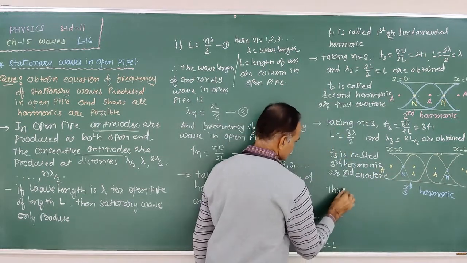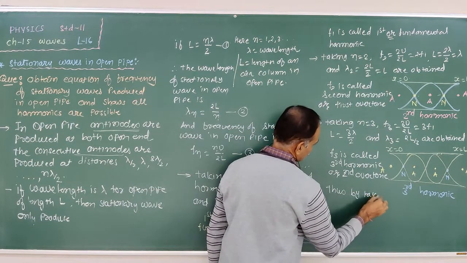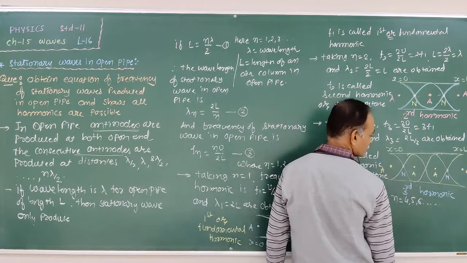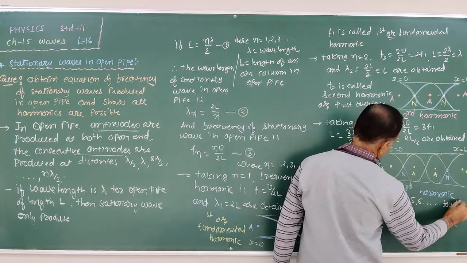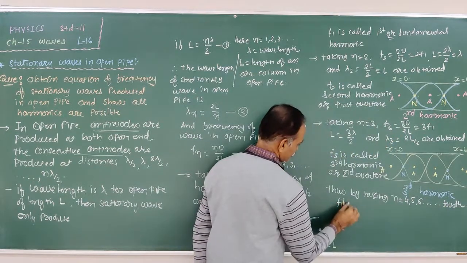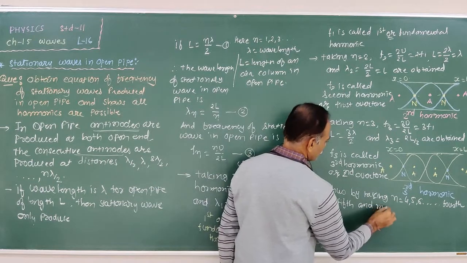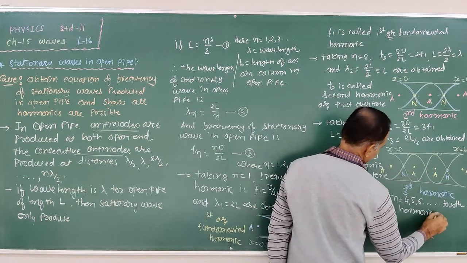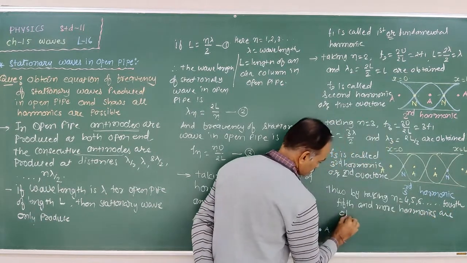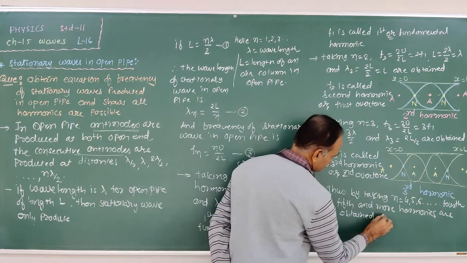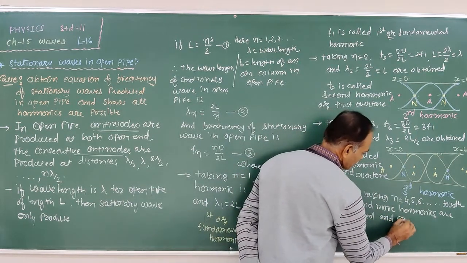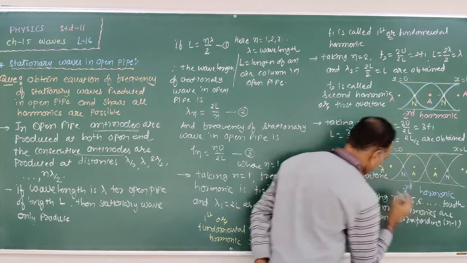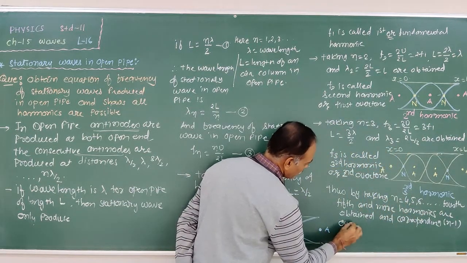Thus, by taking n equal to 4, 5, 6 and so on, the fourth, fifth and more harmonics are obtained, and the corresponding n minus 1 overtones are obtained.